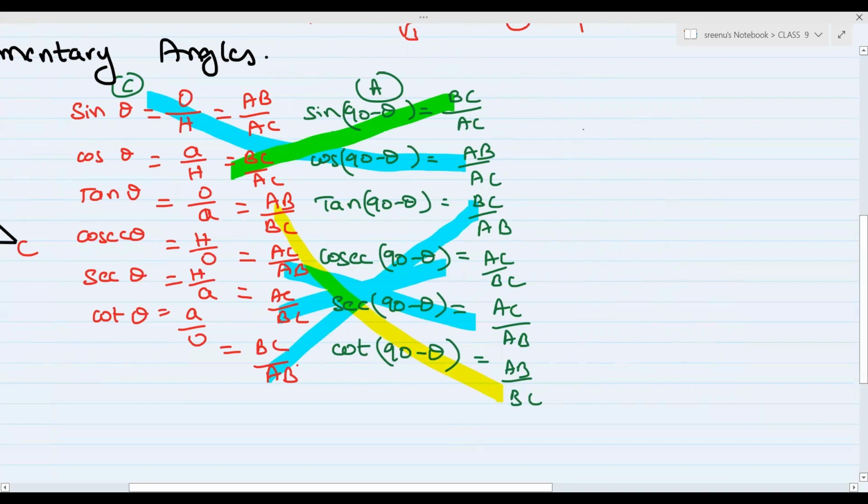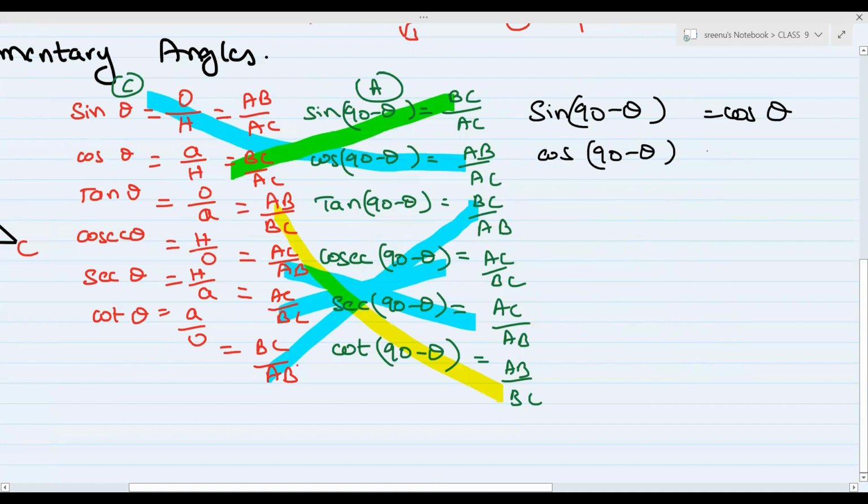So sine theta is equal to cos 90 minus theta. And in reverse, sine 90 minus theta is equal to cos theta. You just check the matching. Cos 90 minus theta, you got sine theta.